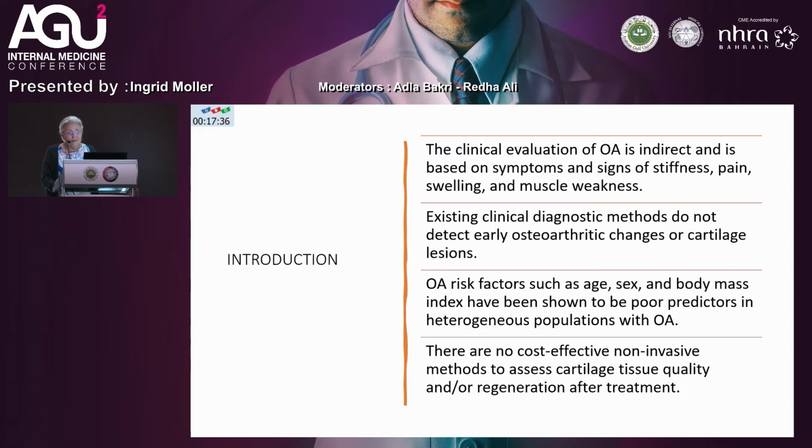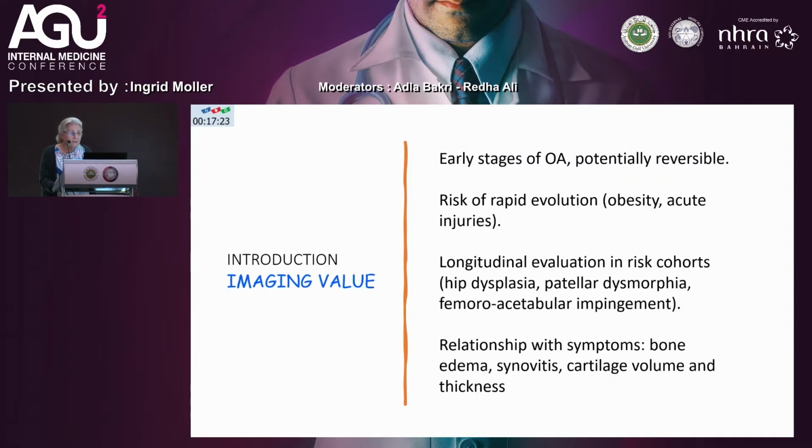And at the end, there are no cost-effective and non-invasive methods to assess the cartilage tissue quality and or the regeneration treatment. So what is the imaging value in this scenario?